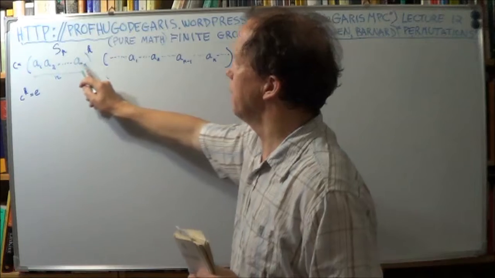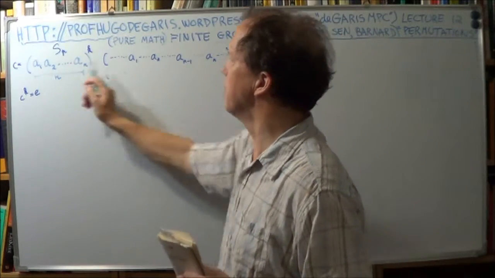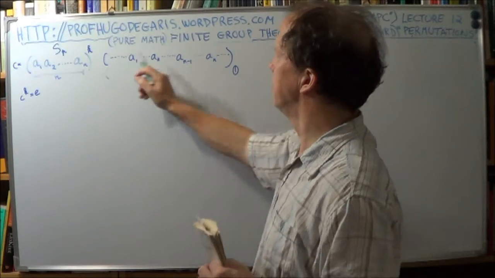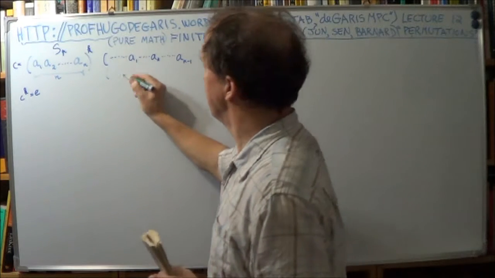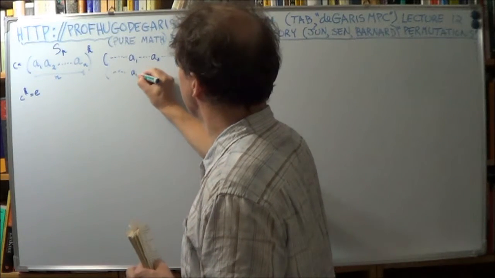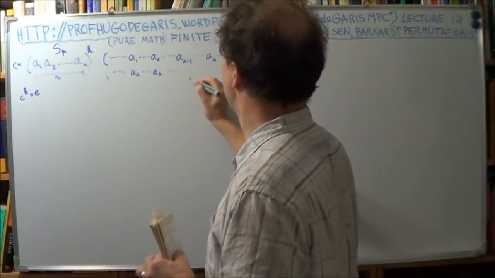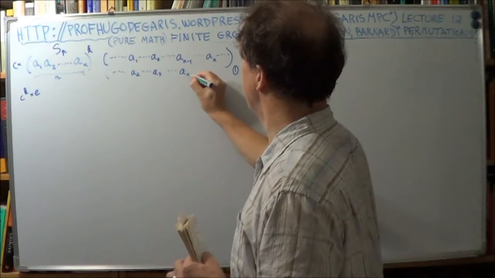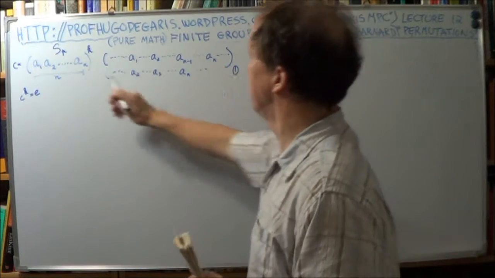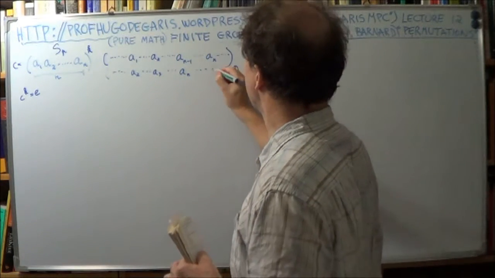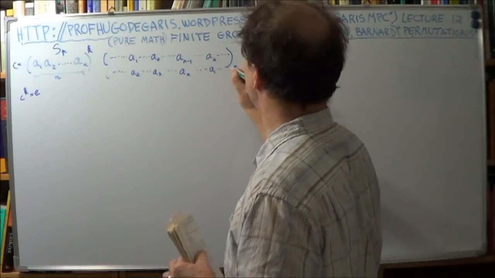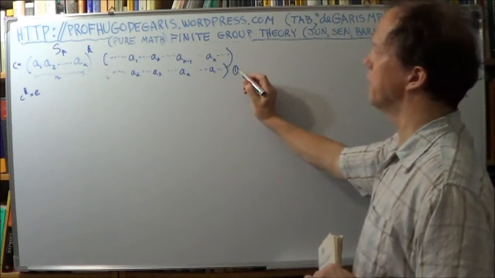So you apply this permutation to your objects, and your a1 will go to a2, your a2 will go to a3, this will go to a n, and a n goes to a1. That's after applying it one time.